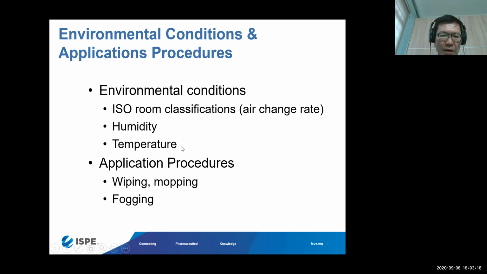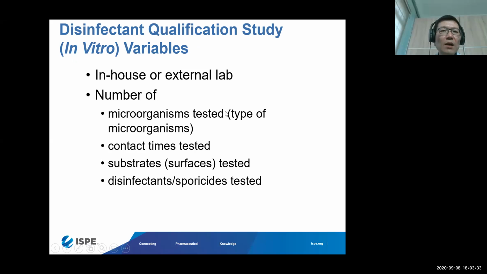Typically, chemical disinfectants are applied at room temperature. If you have a low temperature, you will need to increase the contact time, and also consider the application procedures: wiping, mopping, or fogging.